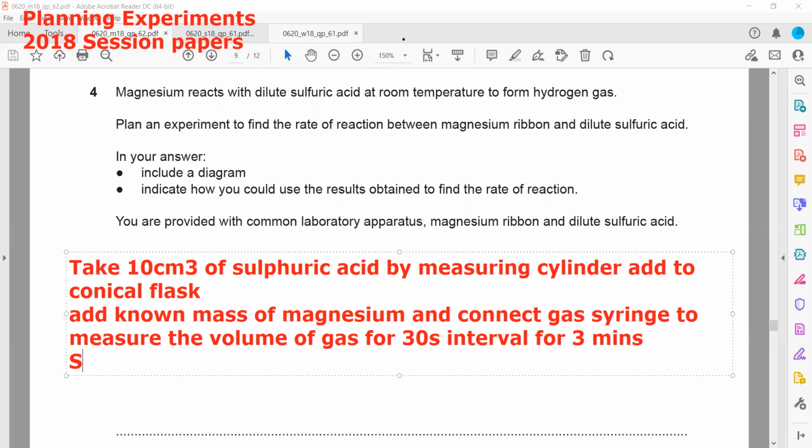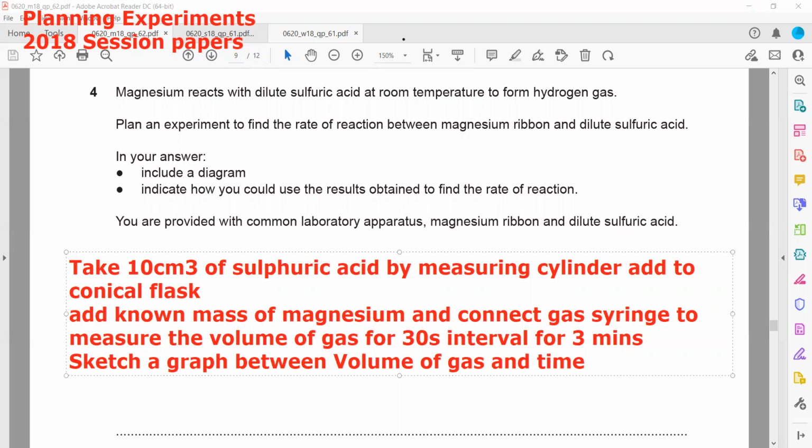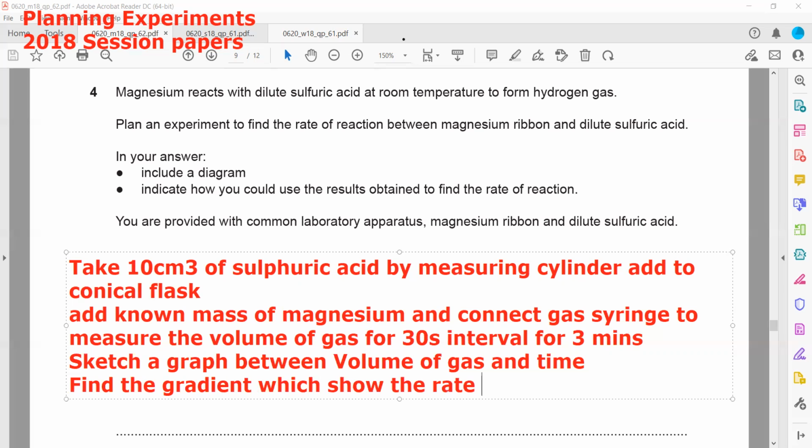Then we'll sketch a graph between volume of the gas on y-axis and time on x-axis, and find the gradient which shows the rate of reaction. So we can work out the rate of reaction by finding the gradient.